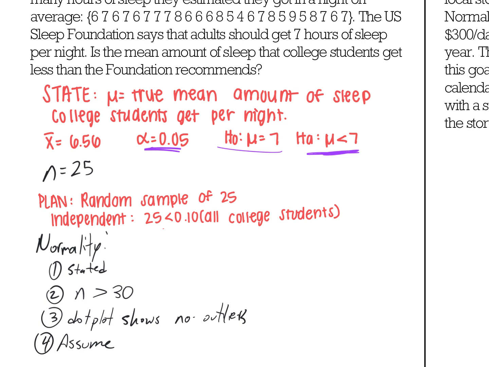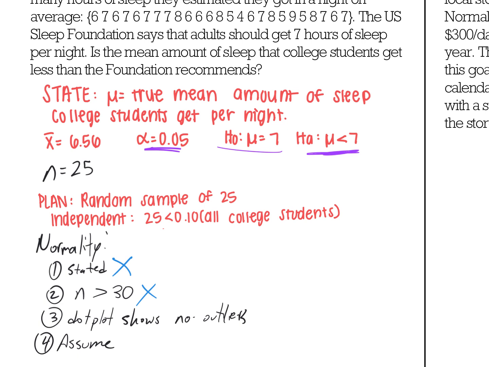So hopefully you went and looked back and saw that normality can come from either being stated, which in this problem we are not, okay? We could have a sample size that is greater than 30, which we do not, okay? And we could then go to plot our data and see that there are no outliers.